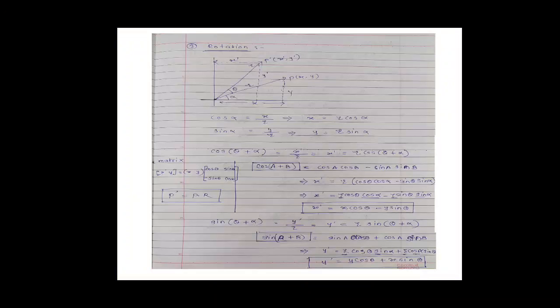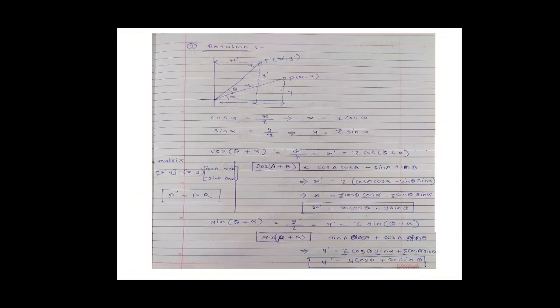Then next, rotation. A two-dimensional rotation is applied to an object by repositioning it along a circular path in the xy plane. To generate a rotation, we specify a rotation angle theta and the position of the rotation point about which the object is to be rotated.